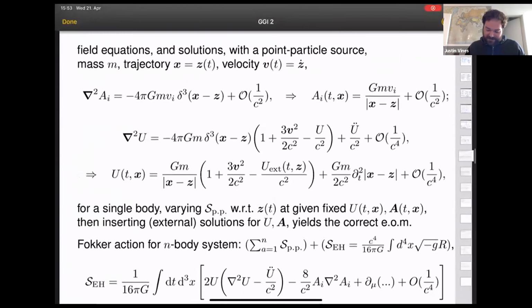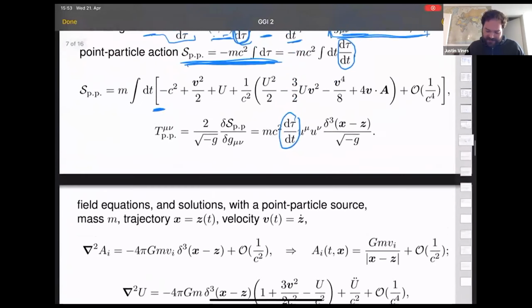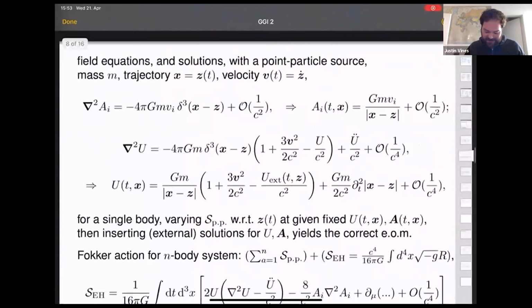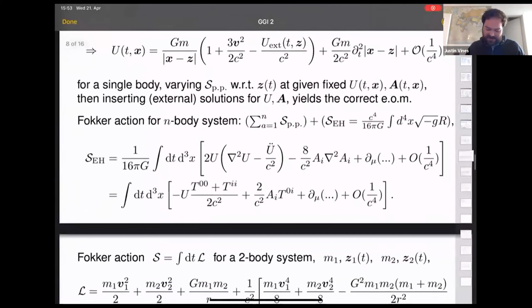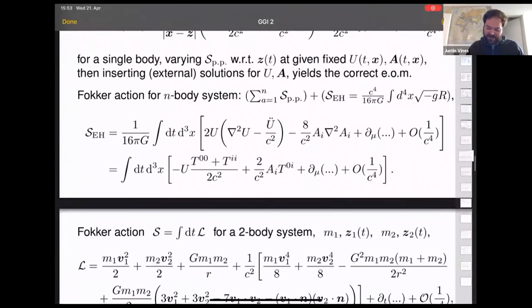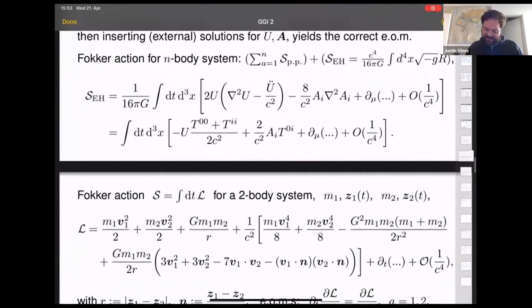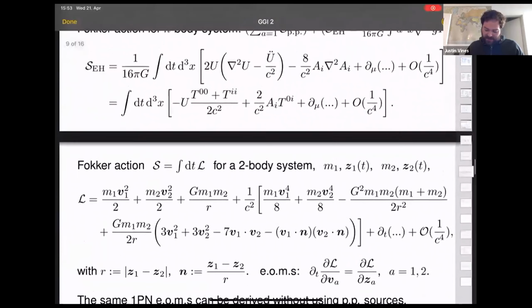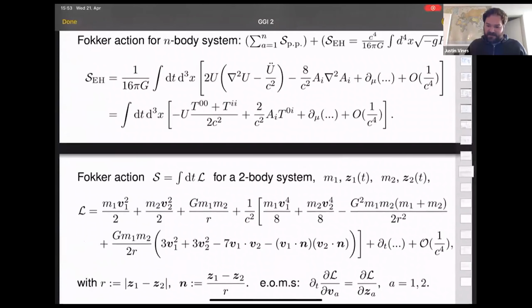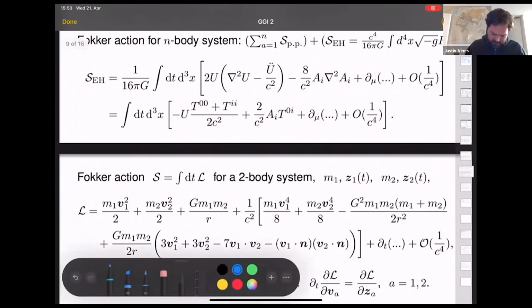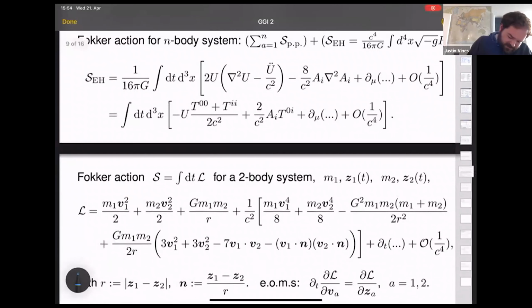Okay, so all of the ingredients to do this are in principle on these two slides, but going through that procedure, taking the point particle actions, adding them to the Einstein-Hilbert actions, specializing to the case of a two-body system, you get this Lagrangian. This is often called the Einstein-Infeld-Hoffmann Lagrangian.